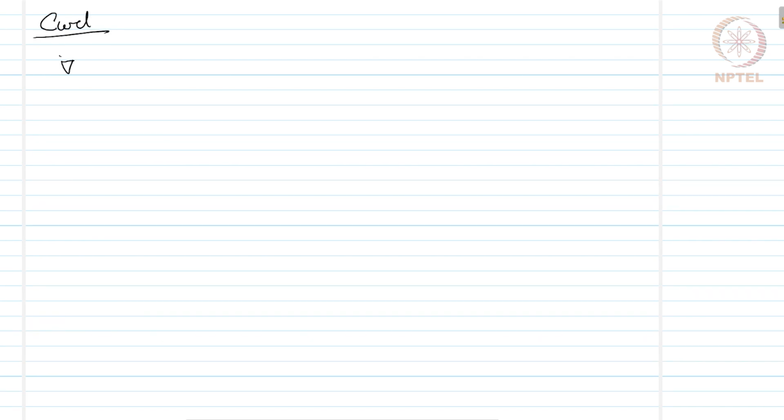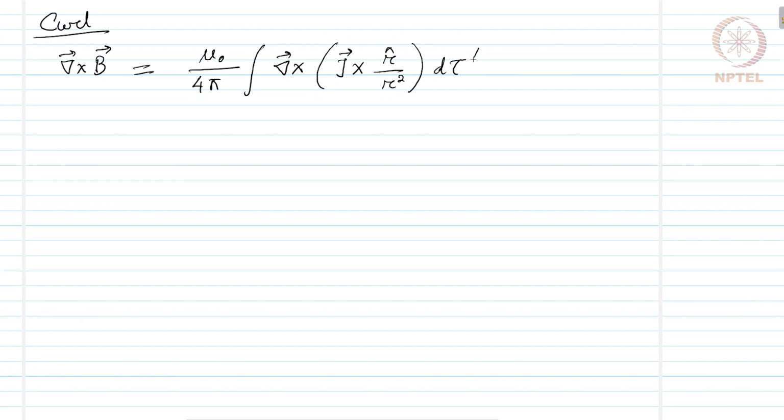Let us write down the expression for curl of the magnetic field, which will be from considering the Biot-Savart law expression for magnetic field due to a volume current, mu naught over 4 pi integration curl of j cross r cap over r squared d tau prime. Now, we make use of another product rule.